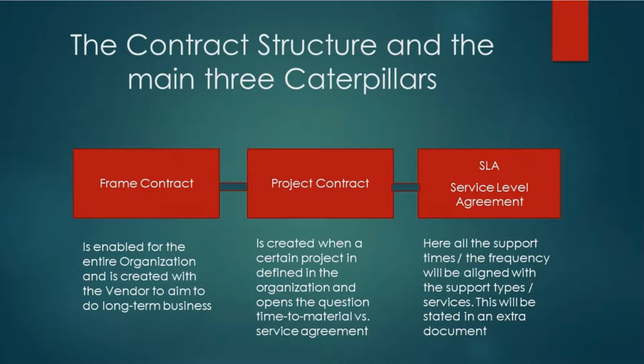Next, we're going to look at the project contract. The project contract is created when a certain project is defined and the organization opens the question of time and material versus a service agreement. Time and material, on one side, is where there's a certain project in place and the duration of the project is very clear.